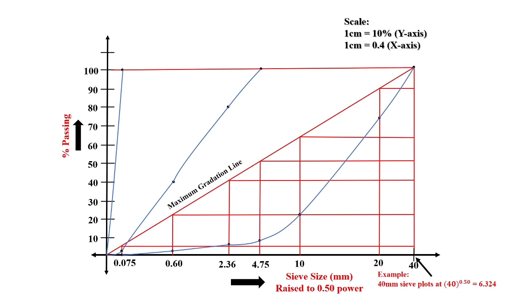Then once we complete that part, we'll be drawing the balancing line. The balancing line will be drawn in such a way that the area will be equally divided on either side of the balancing line.